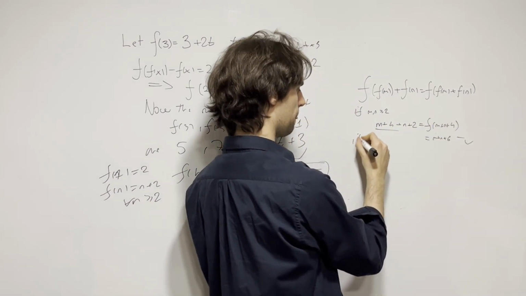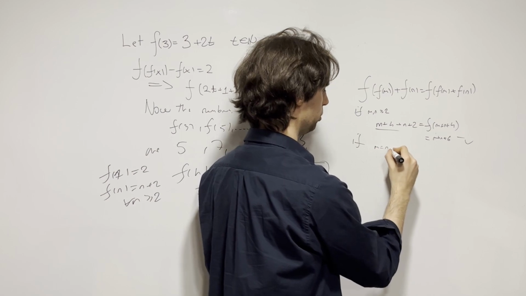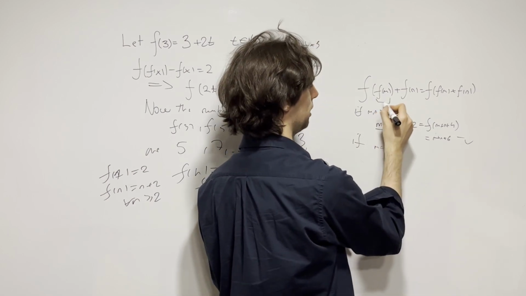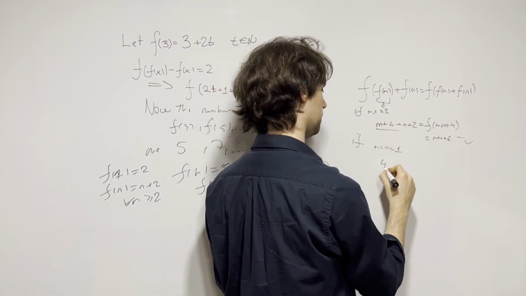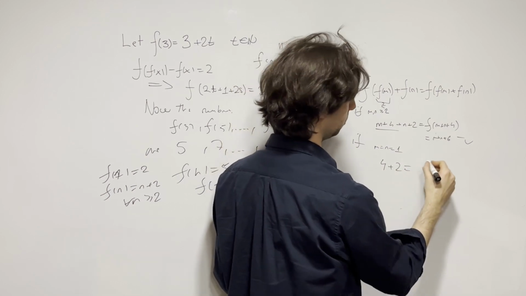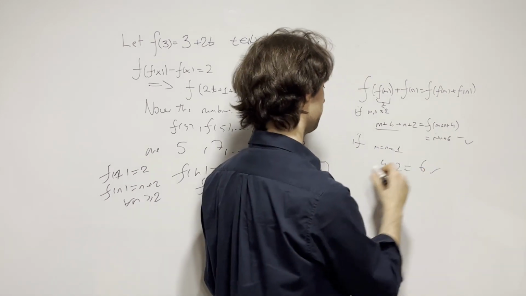These two are equal. If m is equal to n is equal to 1, we will have 2, 4. We'll have 4 plus 2 is equal to 6, which is true.